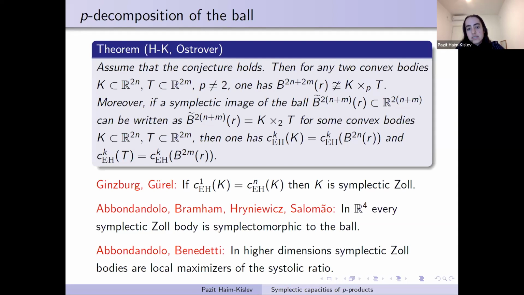So here the goal is to try and show that if a ball can be p-decomposed, it can only be the trivial decomposition into a 2-product of 2 balls.